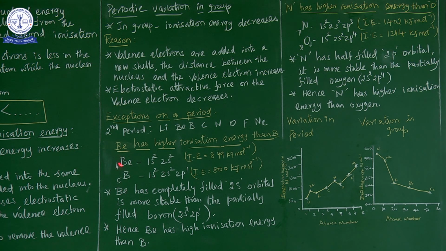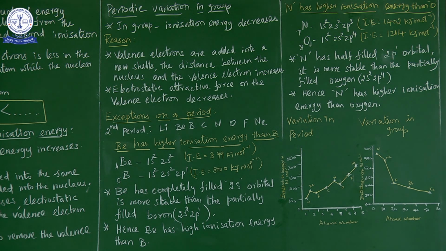In a similar way, beryllium has ionization energy 899, and boron 800 kilojoule per mole. The variation in a period is given in graph format. Here the second period is discussed: lithium, beryllium, boron, carbon, nitrogen, oxygen, fluorine, neon. Along the period, ionization energy increases.